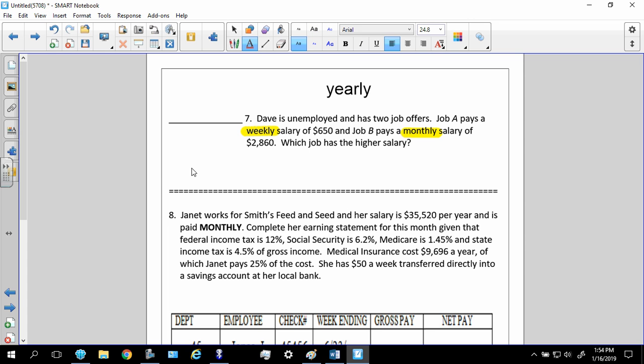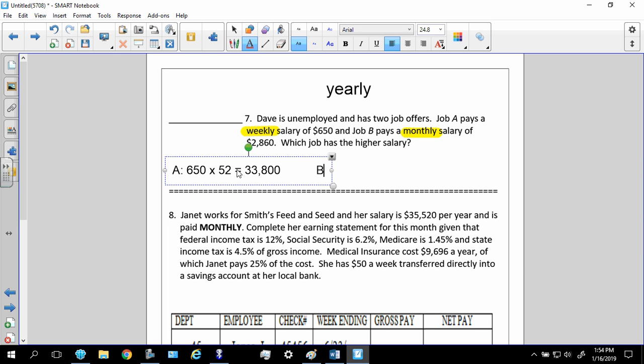Let's write this out here. Job A pays $650 every week. I'm going to times that by 52, and when I do that, I get $33,800.